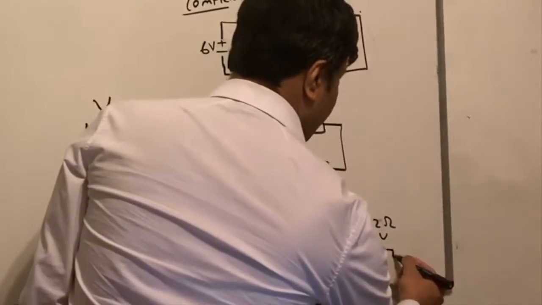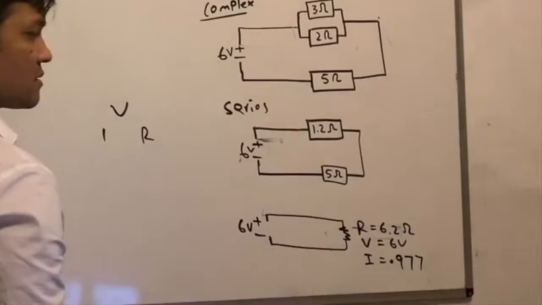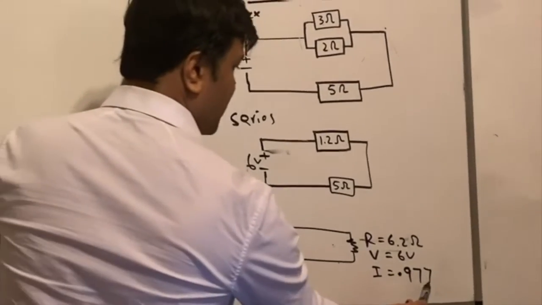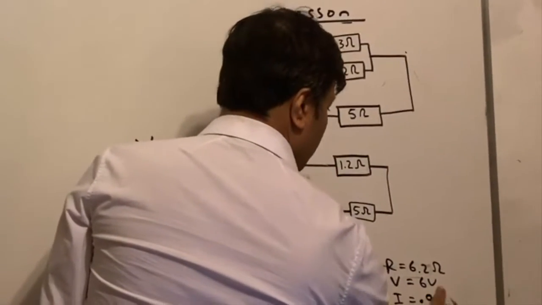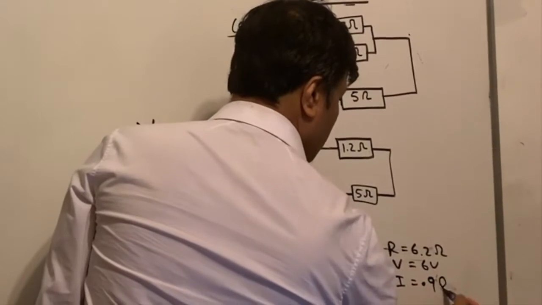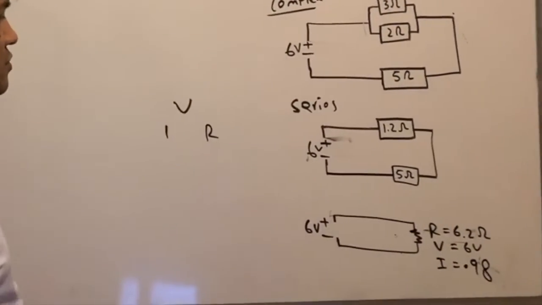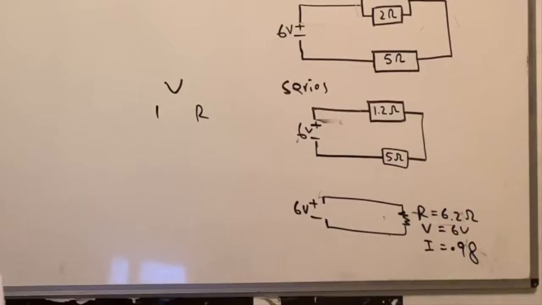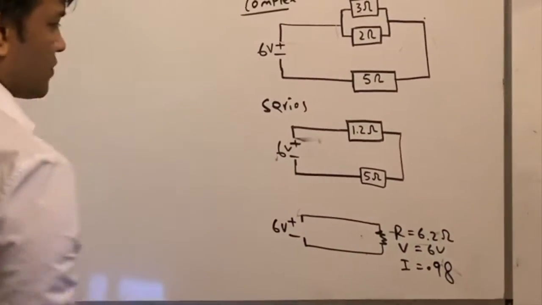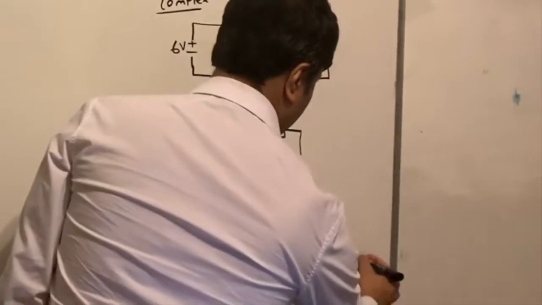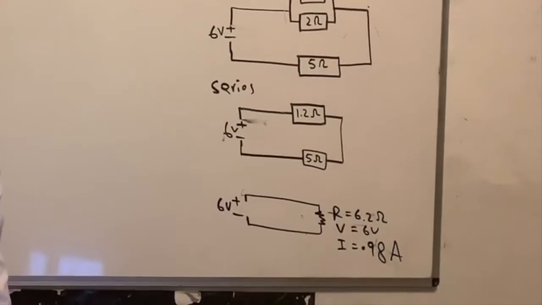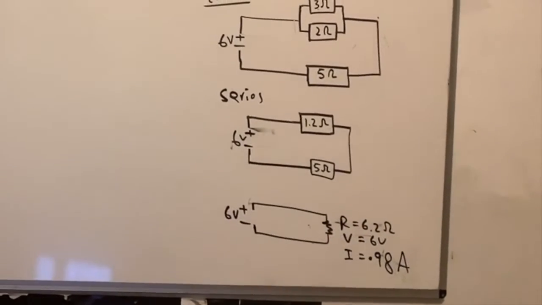Is it 0.977? Yeah. If this one is bigger than 5, we have to round off to the next whole number. Okay. So 0.98 what? Amps. Alright, now what was our question?